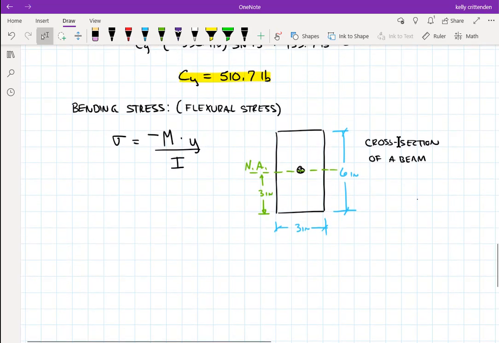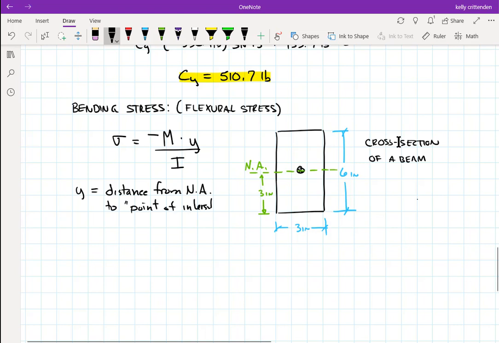So if I look at the equation, sigma equals My over I, Y is in the numerator. Y is the distance from the neutral axis to what I'm going to call the point of interest on the beam's cross-section.